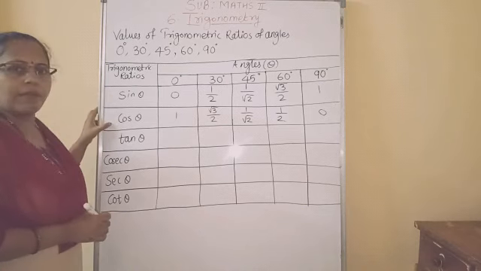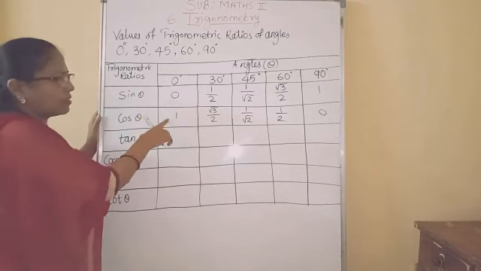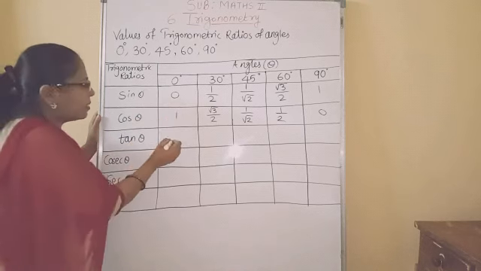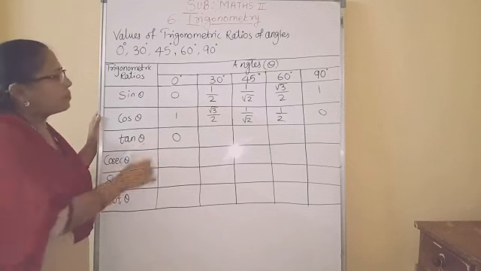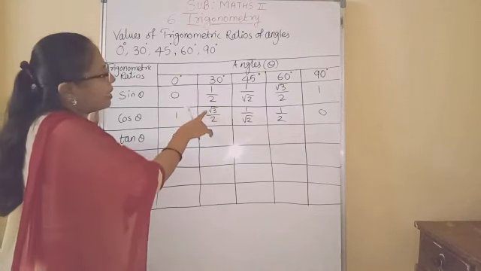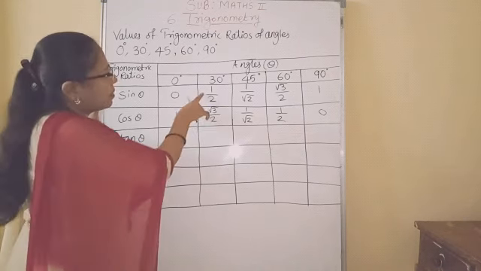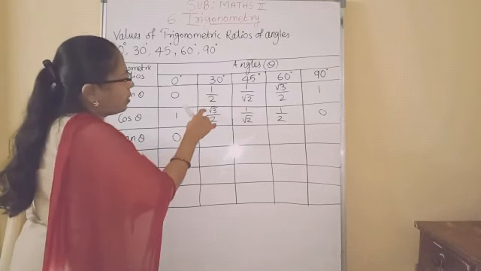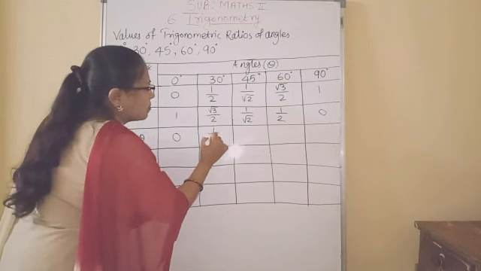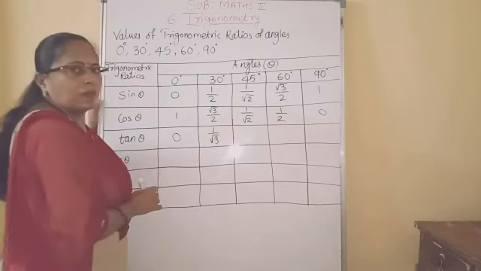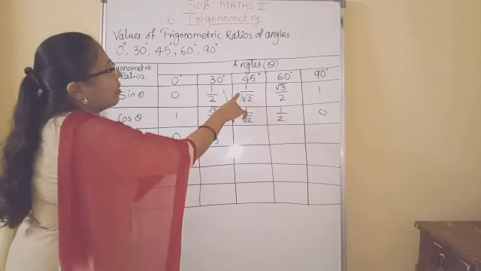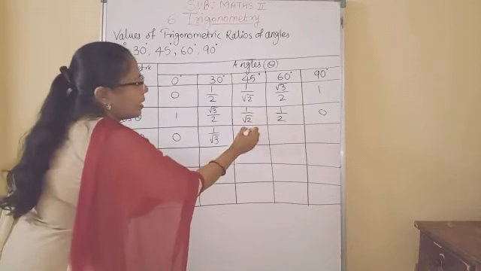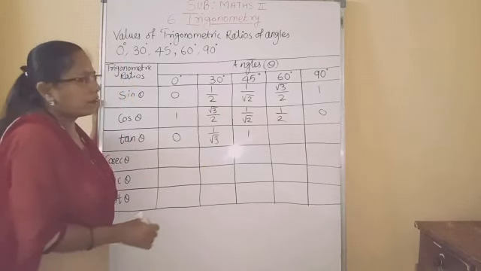Then tan theta. Now tan theta ratio we know is sin theta divided by cos theta. So you just have to divide. 0 divided by 1, 0 divided by any number is 0. 1 upon 2 divided by root 3 upon 2: you have to divide these values, so we get 1 upon root 3. Then 1 upon root 2 divided by 1 upon root 2, we get 1.